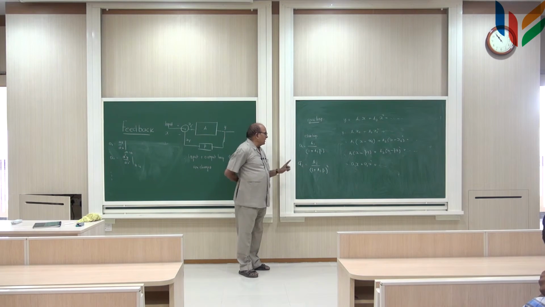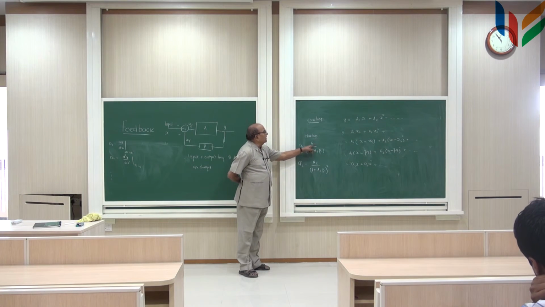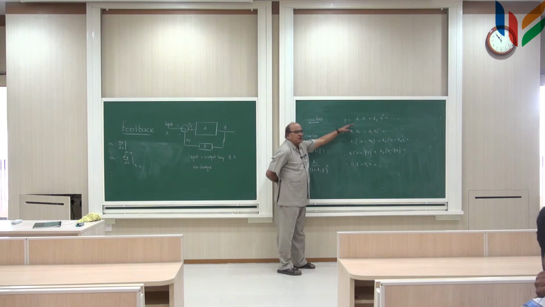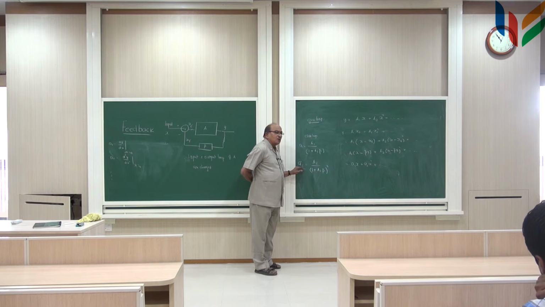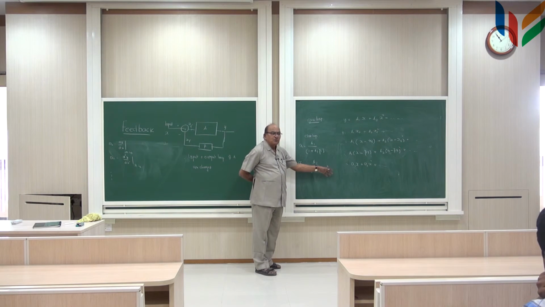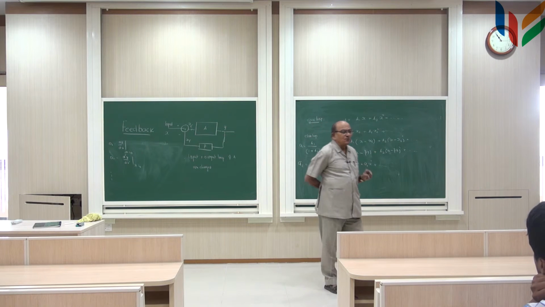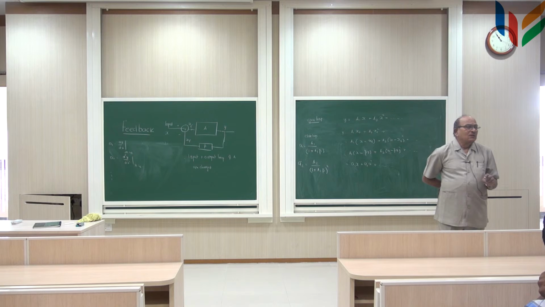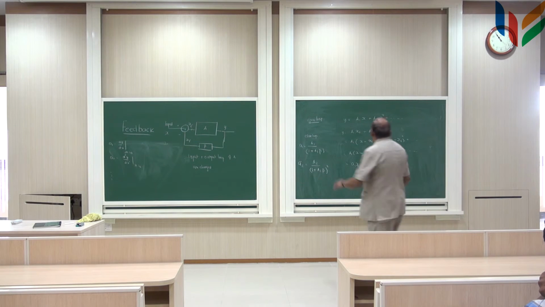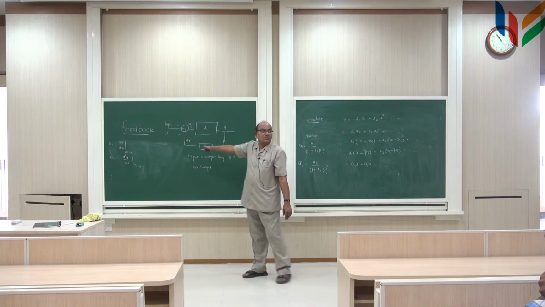The fact is that a1 of course is A1 divided by this, so the fundamental component, the linear component, decreases no doubt, but when you look at a2, it is decreased by a further factor of 1 plus A1 beta squared. So, if you take the ratio of this to this, there is still a reduction by a factor equal to 1 plus A1 beta, and A1 beta is assumed to be reasonably large with the feedback connection that you have here.